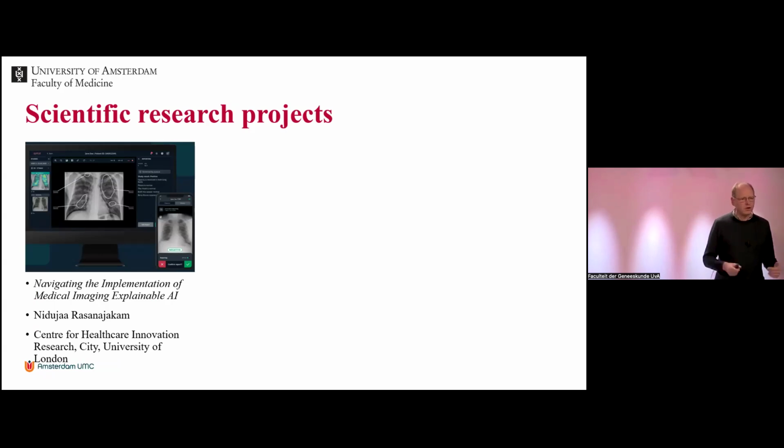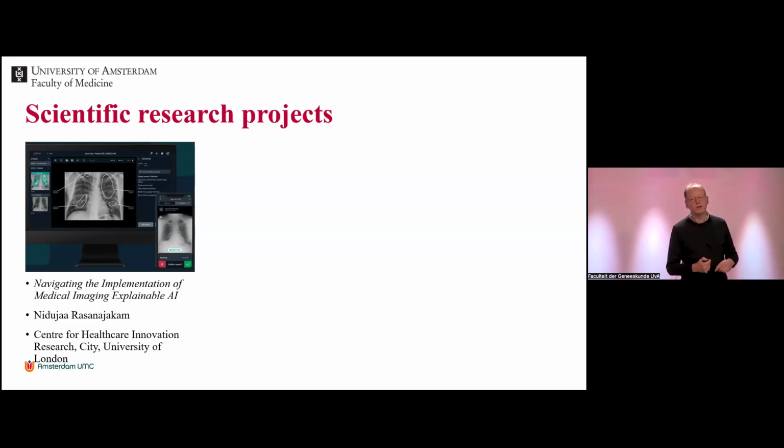And then the final part, of course, is the scientific research project, or we abbreviate it to SRP. To give you an idea, I have here a few examples of SRPs that have been done in the past. The first one is from Niduya, and this is about medical imaging, but also about explainable AI.